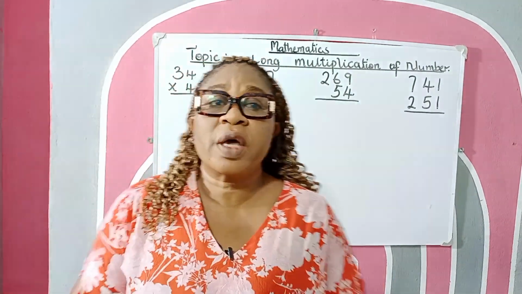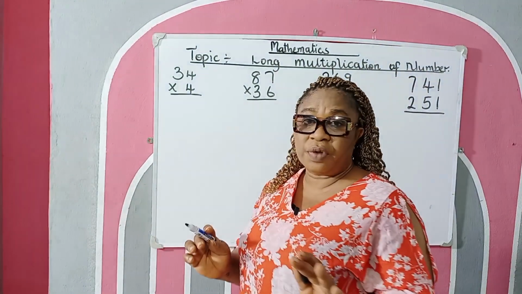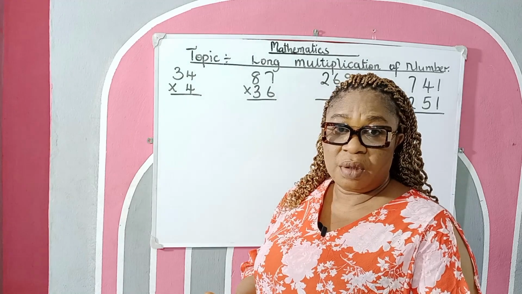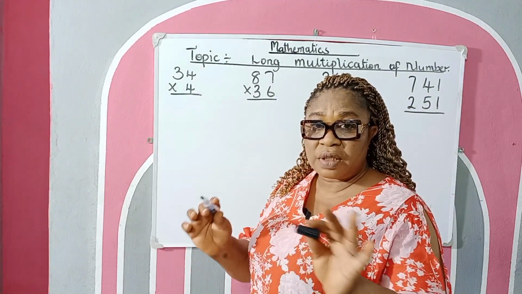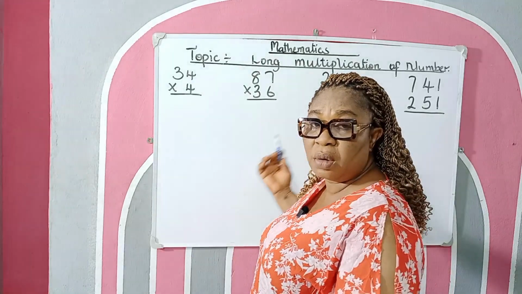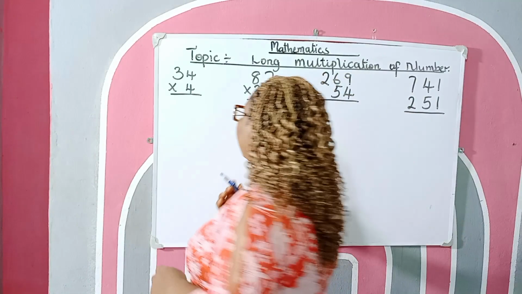This first sum here is not necessarily long multiplication, but I brought it here to lay a foundation for you to understand how I will go on other ones. So pay attention very well as I write.